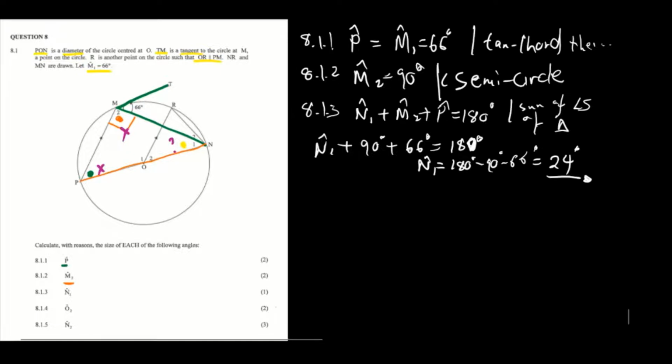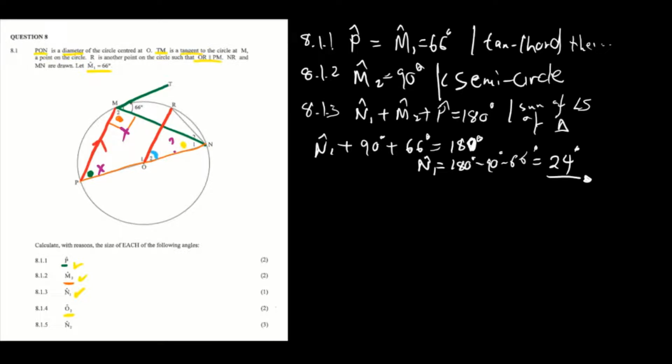Now N1 we are done. So now we want O2. For us to find O2, we need to look at P. Remember that we are told that OR is parallel to PM.